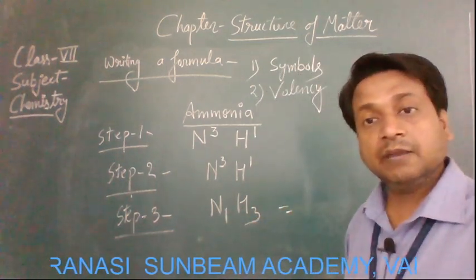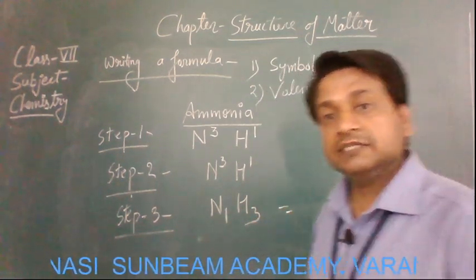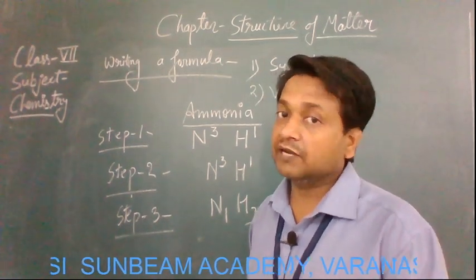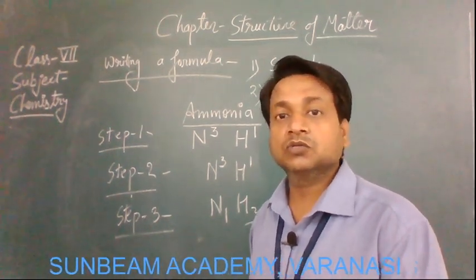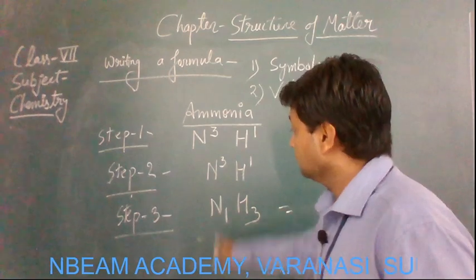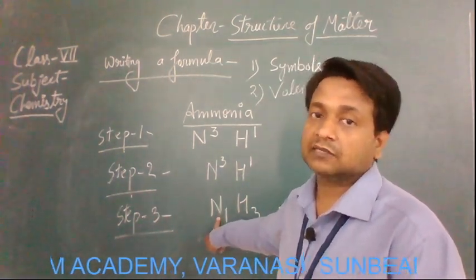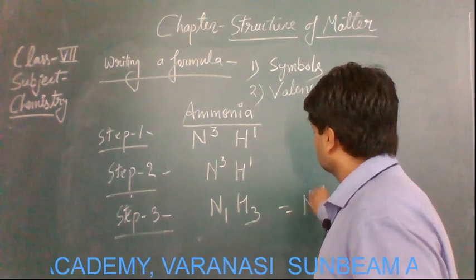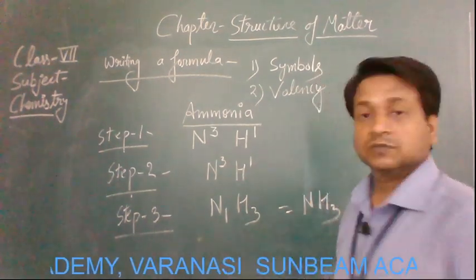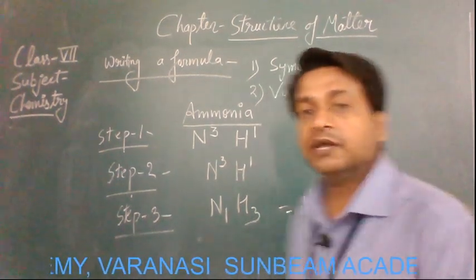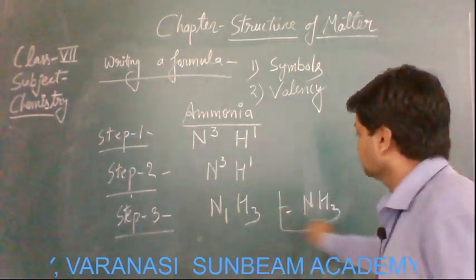As I have already told, if the valency or the number of atoms is 1, there is no need to write the 1, because N indicates 1 atom. So the formula of ammonia is NH3.